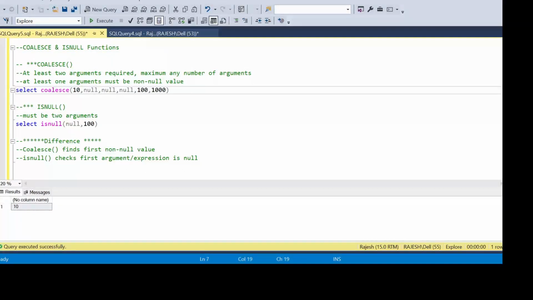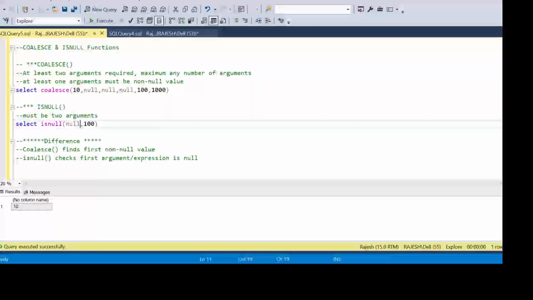And the second fact is related to the isnull function. Isnull checks whether the first argument expression is null or not null.